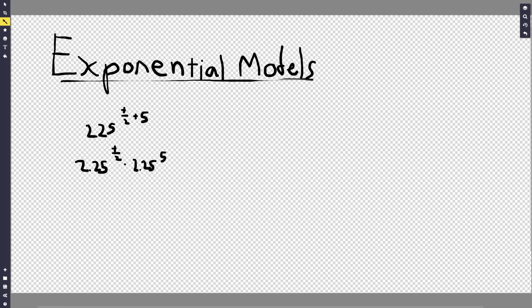And I'm just going to get out my calculator real quick. 2.25 to the power of 5 is equal to about 57.67, okay? We'll just round it there.